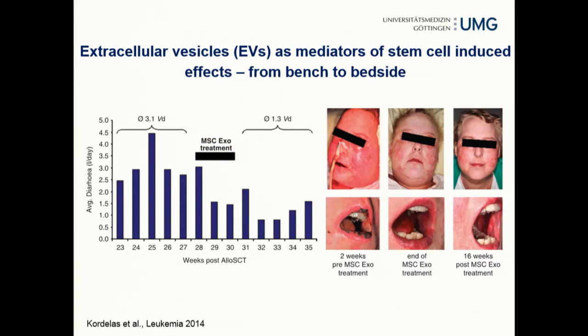In this case, the patient didn't respond to the glucocorticoid therapy. So what you can do then is, in experimental approaches, you can inject or transplant MSCs. We decided to inject EVs instead of grafting MSCs.